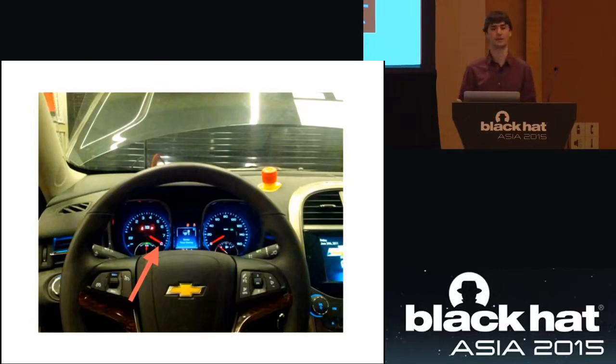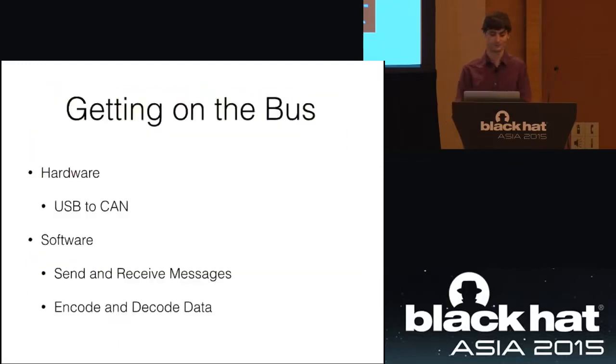So if you can tell a vehicle, here's some fake data that makes you think an accelerometer is reading a very high value, that might look like a crash situation, and that could potentially have a chain of effects. Cars do certain things in crash situations. They do certain things in different operating modes, and you can fake these things out.